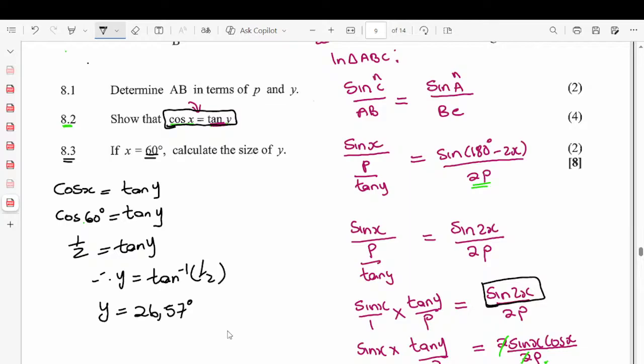We already know that cos x is equal to tan y. So they were supposed to say hence or otherwise calculate the size of y if x is 60. That's how you should expect the question next time.